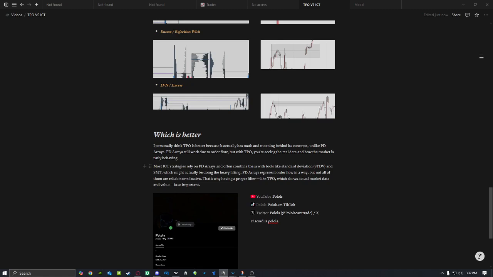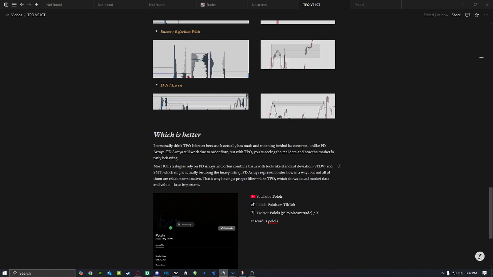Most ICT strategies rely on PD arrays and often combine them with tools like standard deviation and SMT, which might be doing the heavy lifting. PD arrays often represent order flow in a way, but not all of them are reliable or effective. That's why having proper filters like TPO, which shows market data and value, is so important.